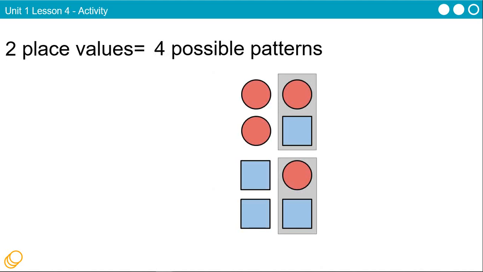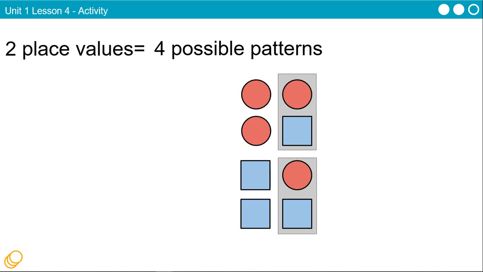So if we go through the process of actually seeing how many possible patterns we have with two place values, you'll notice that we can create four different patterns, right? Since there are two options, in the first place we put either a circle or a square, and then in the next place either a circle or a square.